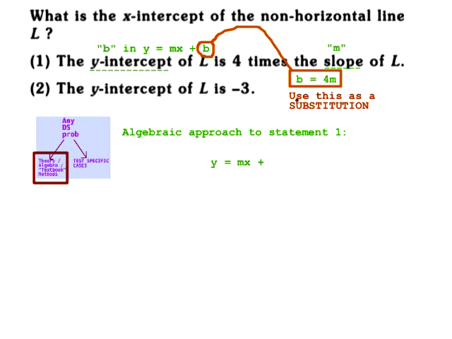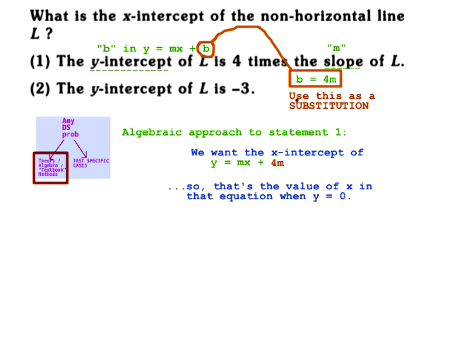But then remember, we want to find the x-intercept of that. So that's the value of x in that equation when y is 0.